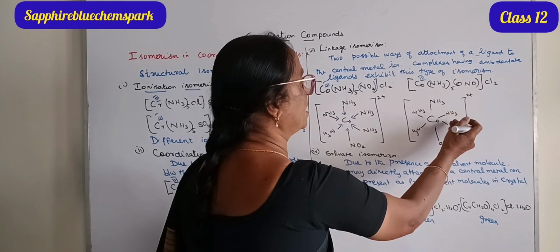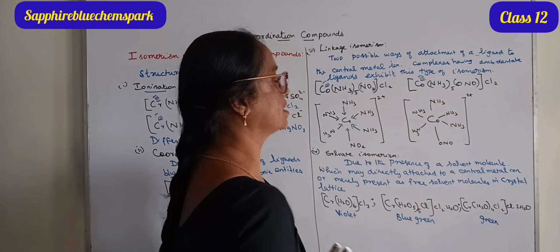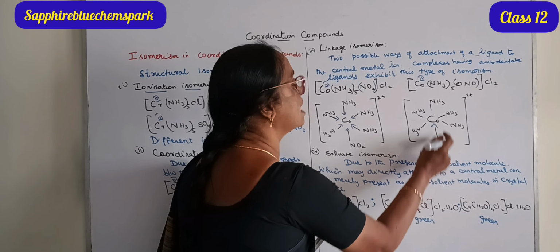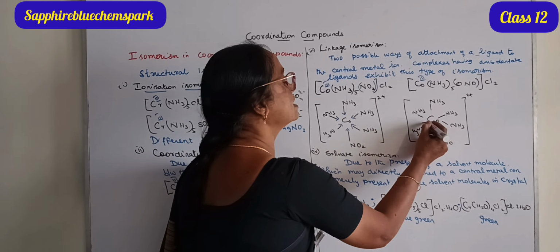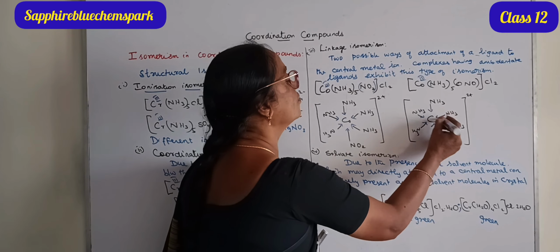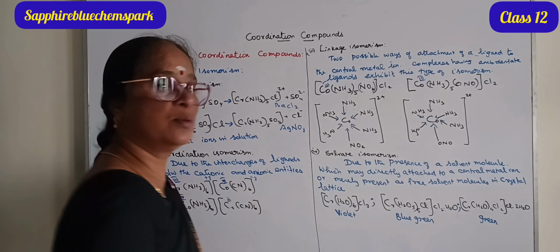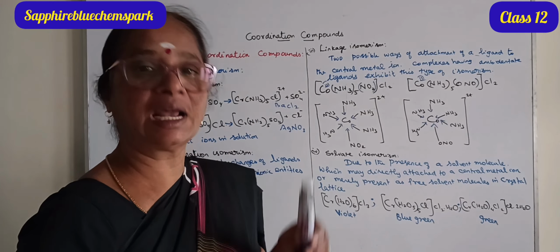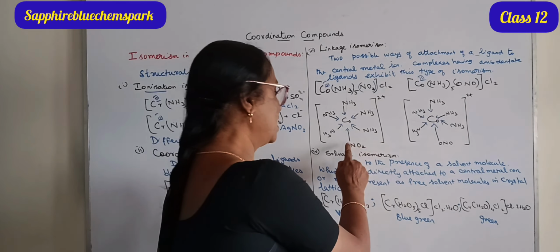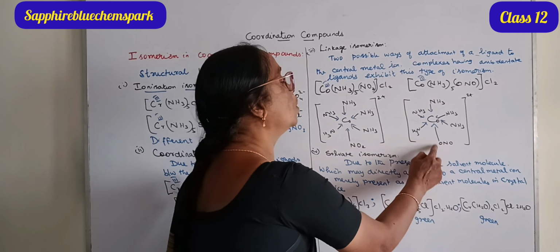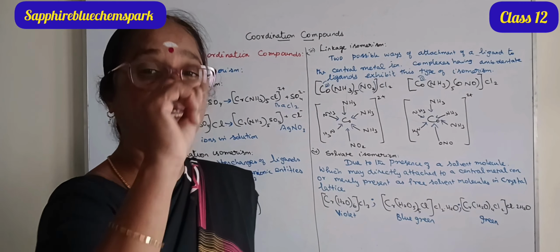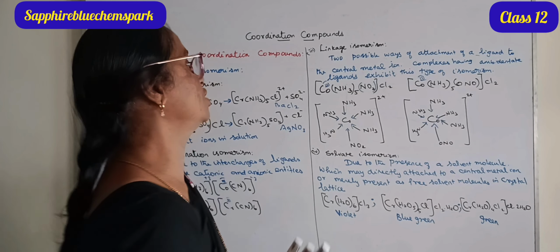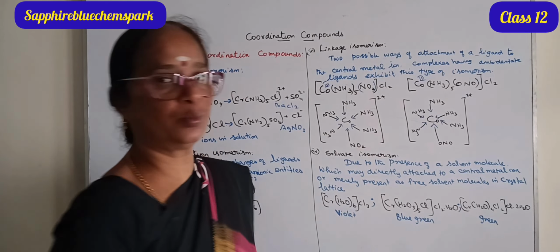Similarly, you can represent the structure of this complex where the oxygen is directly attached to the central metal ion along with the 5 ammonia molecules. Such a type of isomerism, which arises out of the difference in attachment of donor atoms of a given ligand, is said to be linkage isomerism.